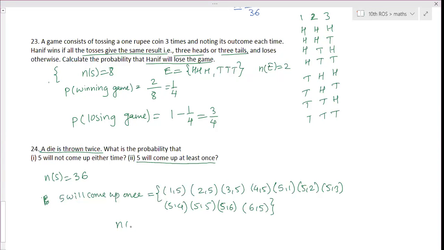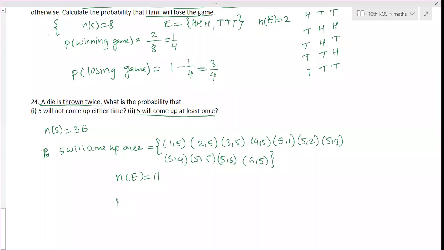So the total favorable outcomes: 11. What is the probability? 11 by 36.